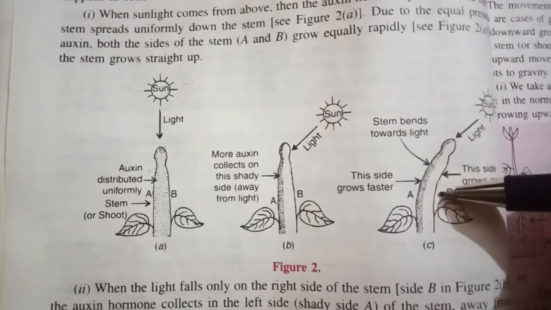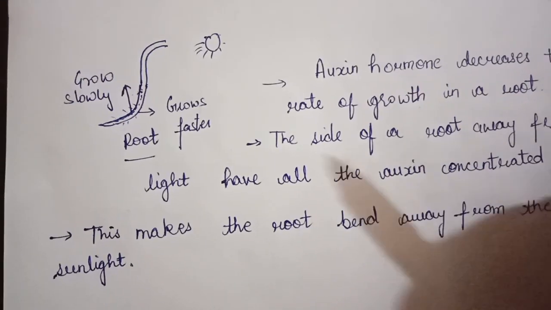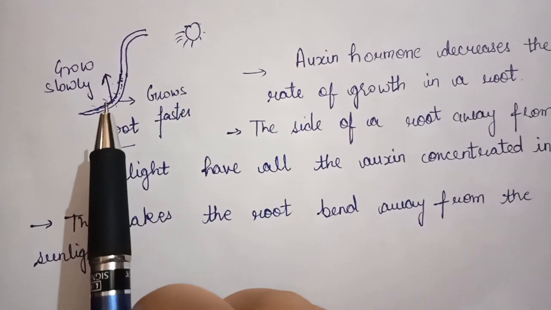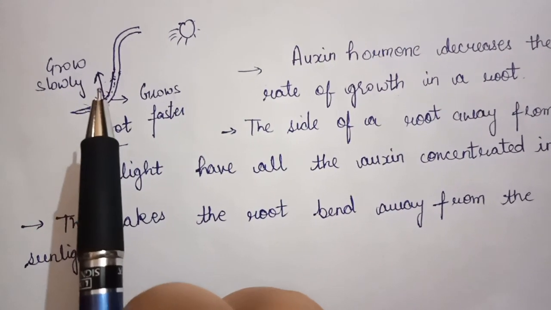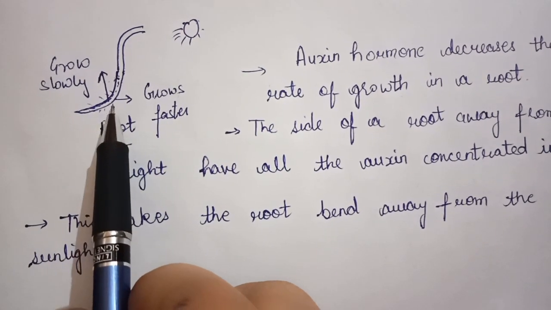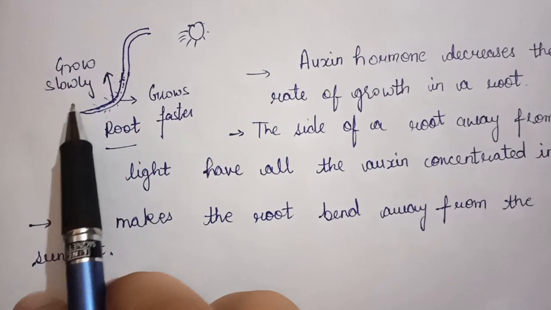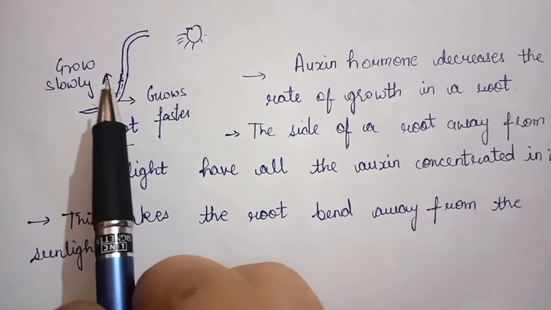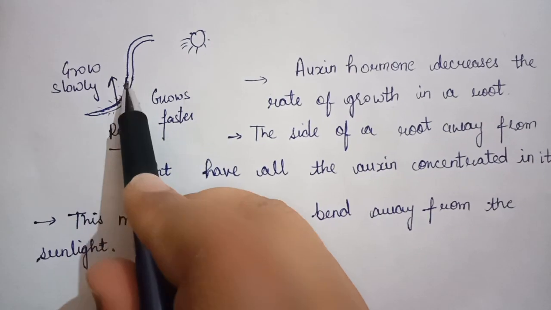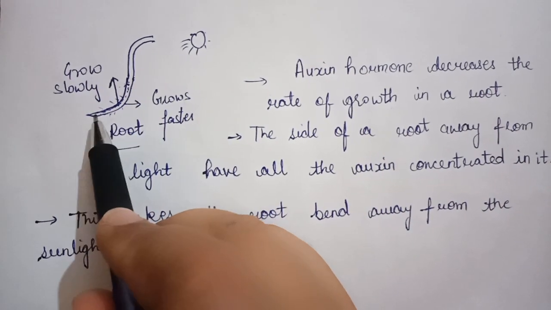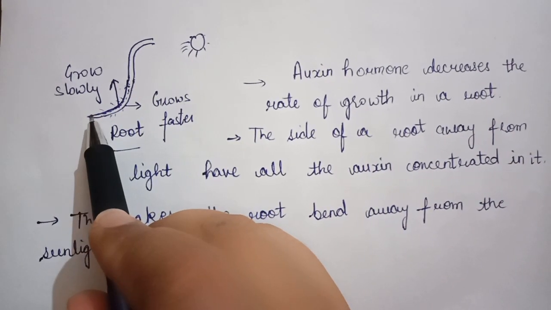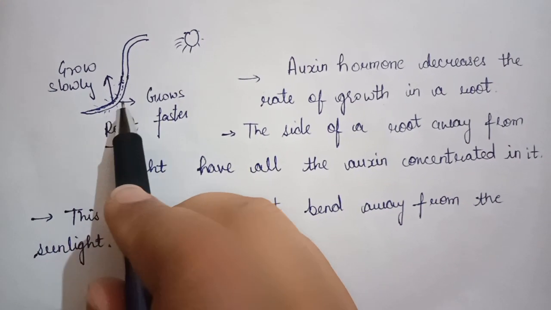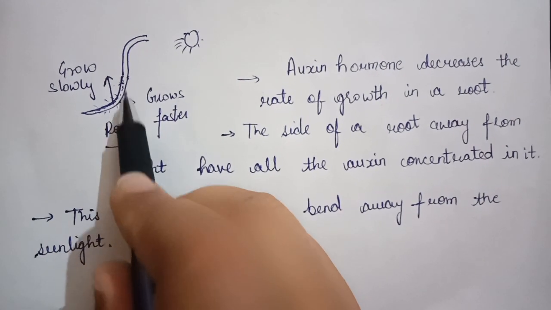But the action of the auxin hormone is opposite in the case of roots. Auxin hormone decreases the rate of growth in a root. If the sunlight is coming from this side, the auxin will accumulate in the left region, and where more auxin is present, the root grows slowly, and the other side grows faster. So when the sunlight falls, the auxin collected on the left side of the root makes it grow slowly, and the other side grows faster.